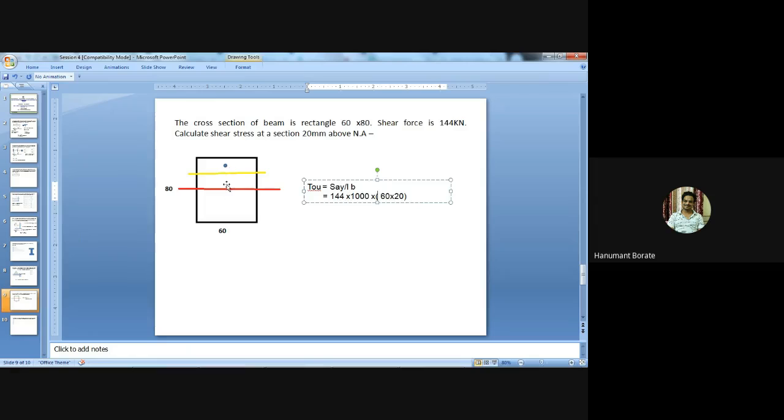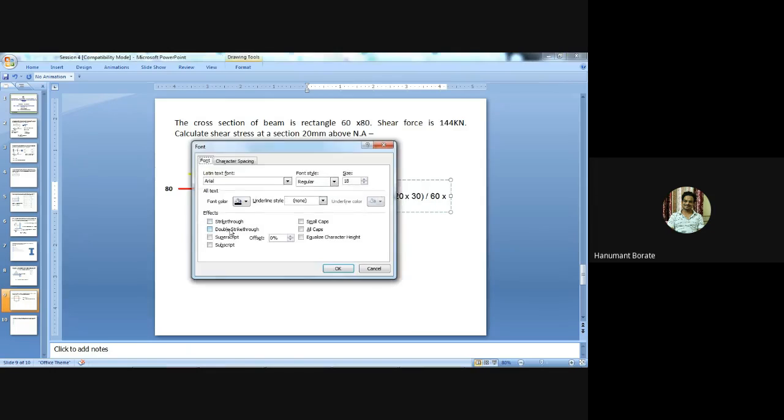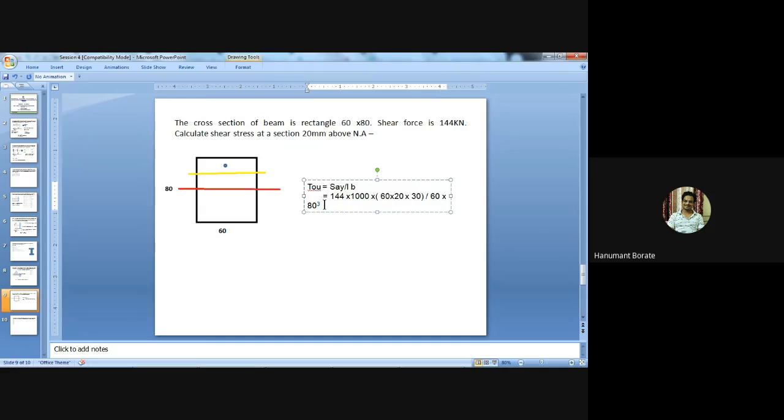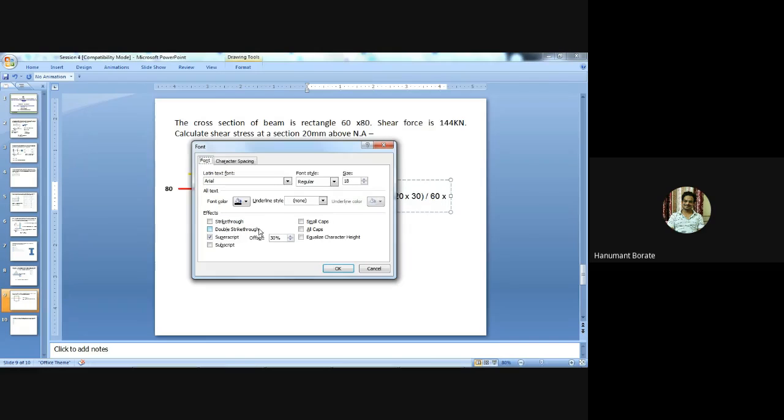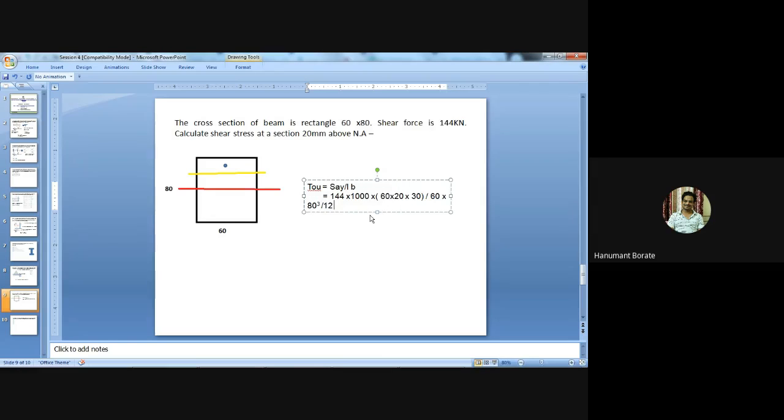So this distance is 20 plus this 10, so y bar equals 30, divided by the moment of inertia of the whole figure, that is 60 into 80 cube divided by 12, and into the value of B. B is the strip width, which is 60.